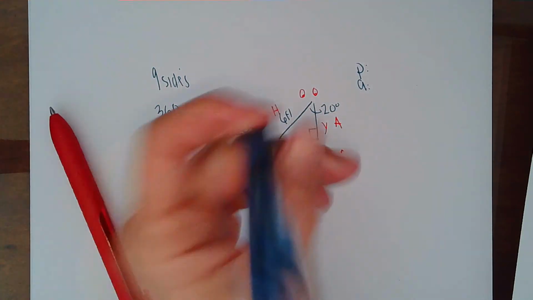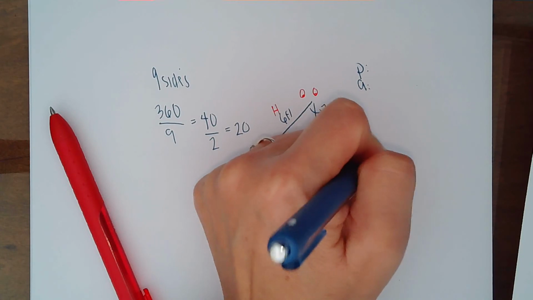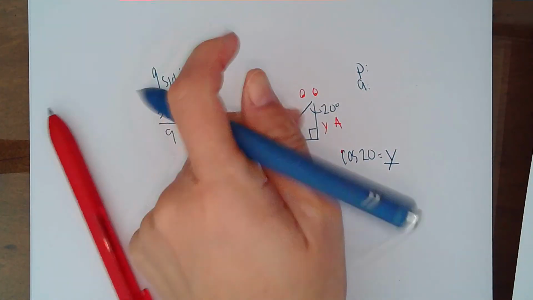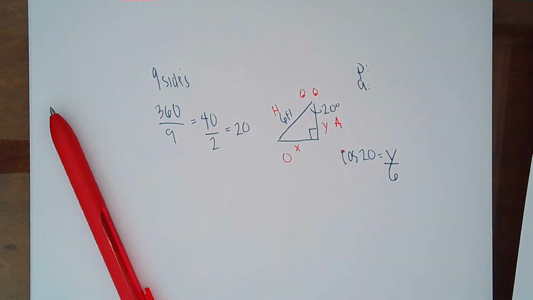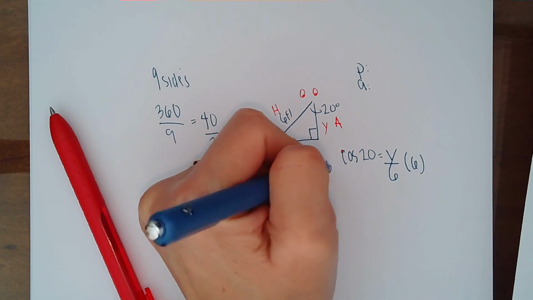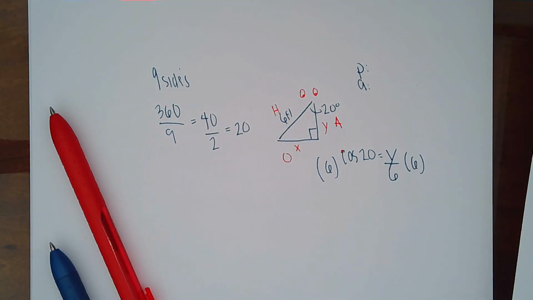So I would say cosine 20 equals my adjacent, which is y, over my hypotenuse, which is 6. And again, to get 6 by itself, I'm going to multiply both sides by 6.